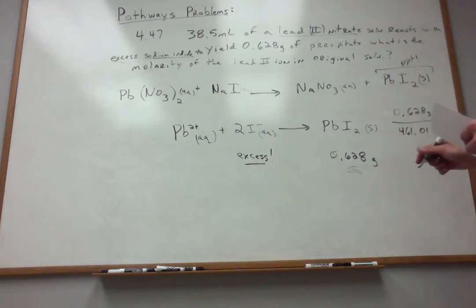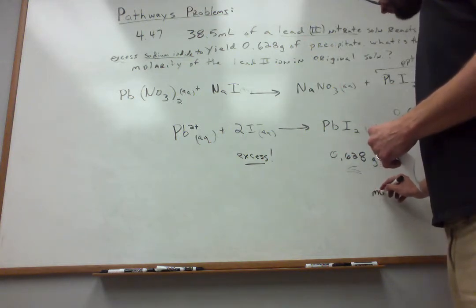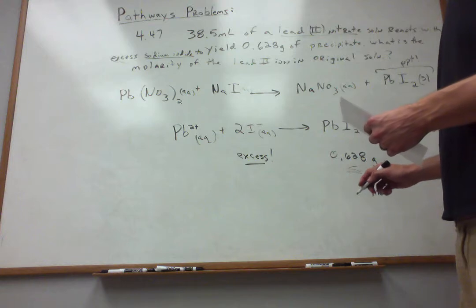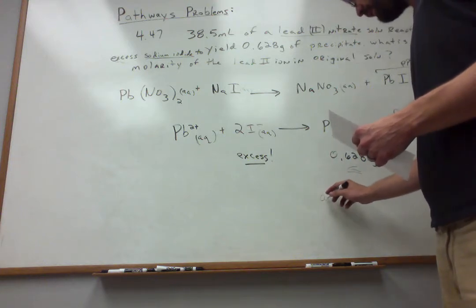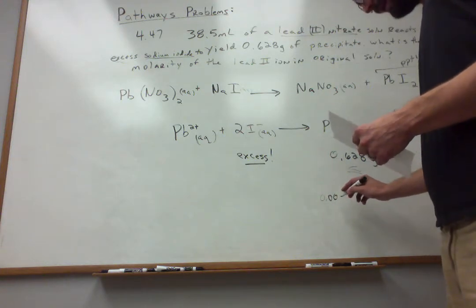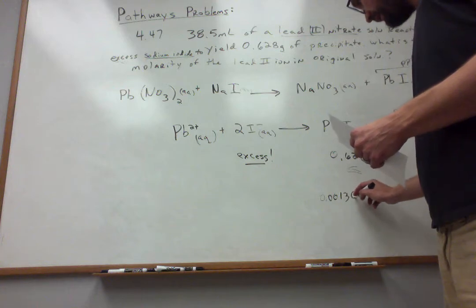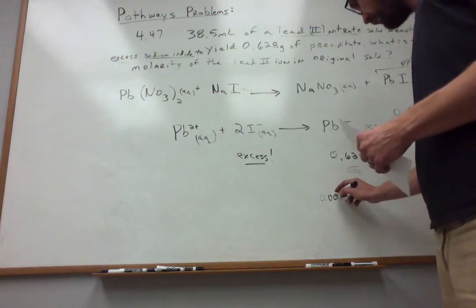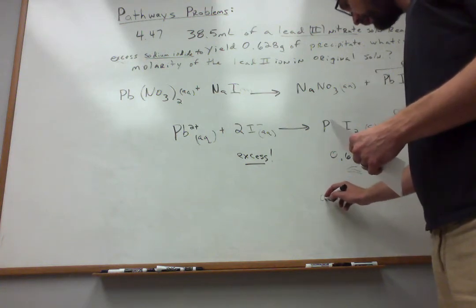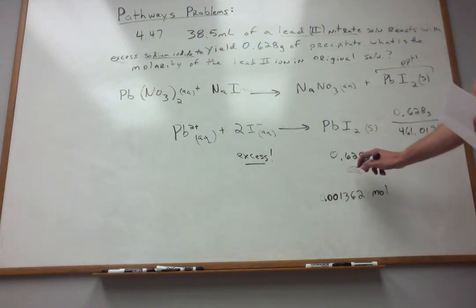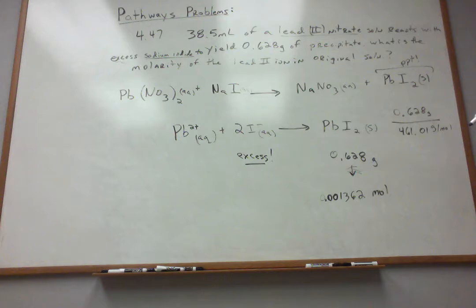So if I do that, it turns out that this quantity of 0.628 grams corresponds to 0.001362 moles. So all I've done is convert this 0.628 grams into moles of that substance, right? That's how many moles were produced in the reaction.